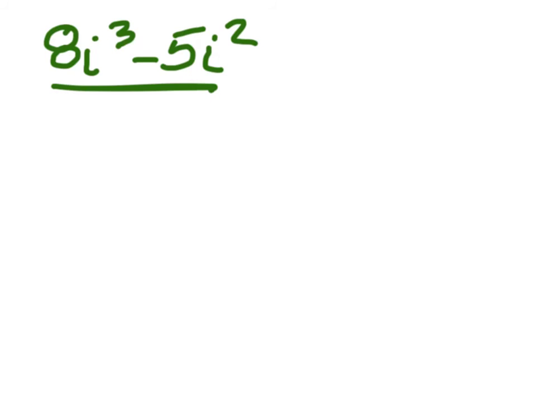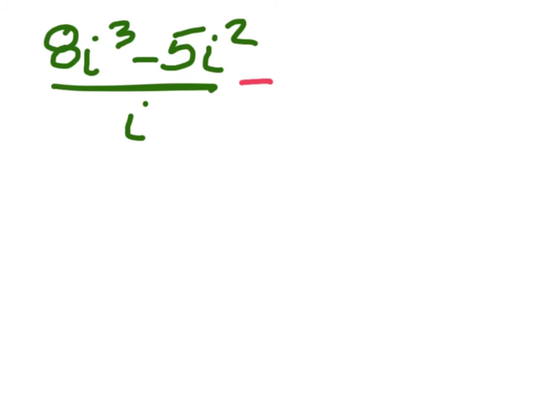Alright, the problem is 8i to the third minus 5i squared over i. Another way you can do this, other than multiplying the top and bottom by i, only works when you have i's here, here, and here. That's the only way it will work, and usually when these exponents are larger than the one on the bottom.